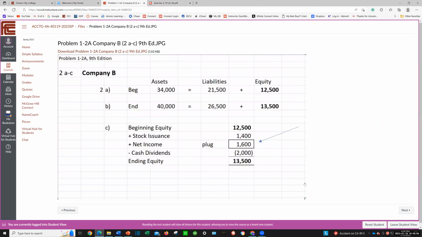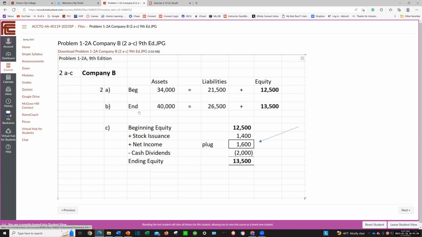Now in company B, they're going to have you find beginning equity and ending equity. Okay, so in this part, they're going to give you assets of 34,000, liabilities of 21,500, and to get the equity, you're just going to go 34,000 minus 21,500 will give us our equity of 12,500.